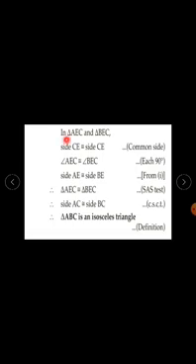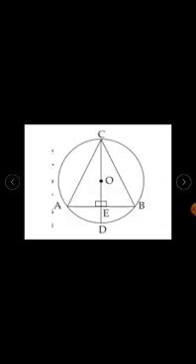Now in triangle AEC and triangle BEC, side CE is congruent to side CE, common side. Angle AEC equal to angle BEC, each 90 degrees. Side AE is congruent to side BE from equation 1.